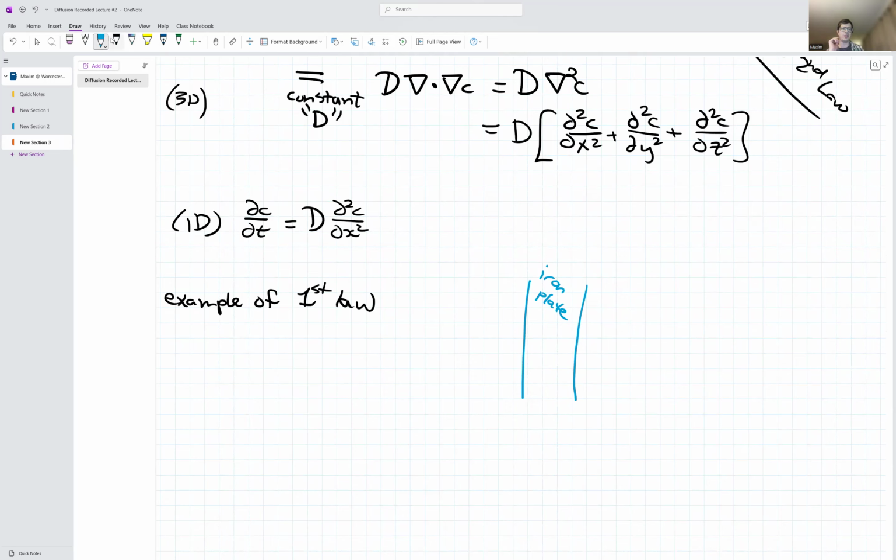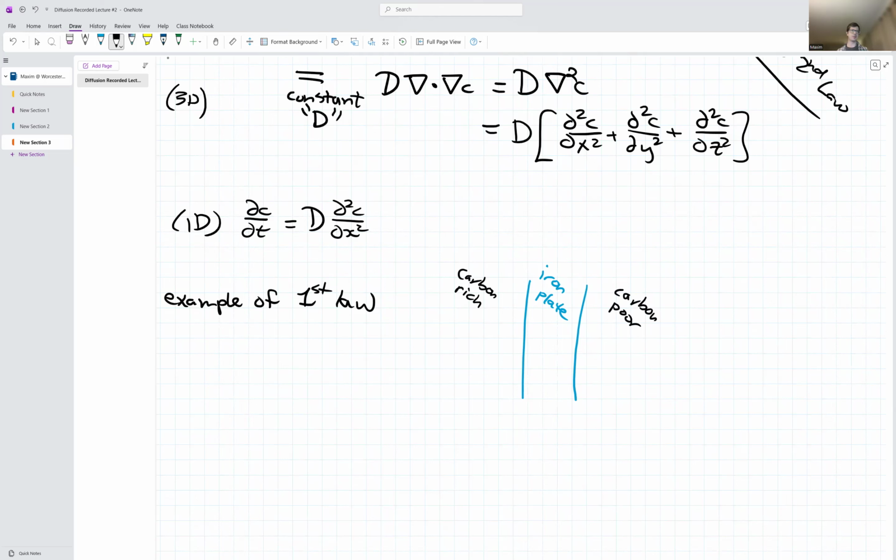So the way we might do it is on the left, we have a carbon-rich concentration of carbon. And then we allow this carbon-rich environment to saturate the iron with carbon atoms by allowing a flux to go through the iron plate into a carbon poor environment.